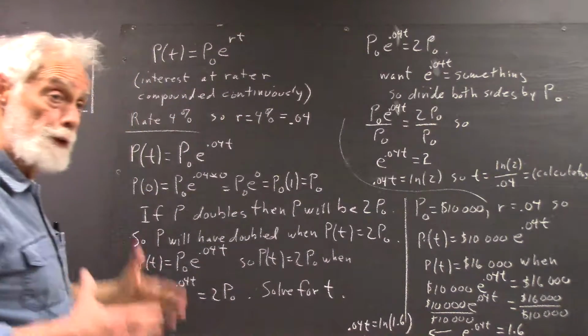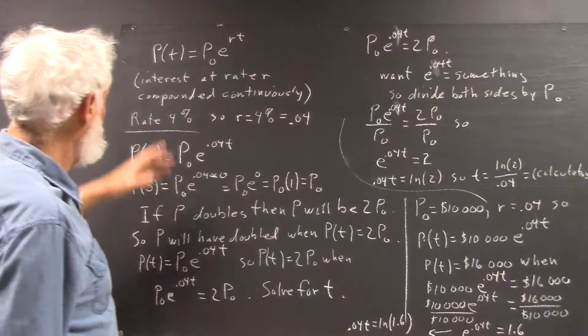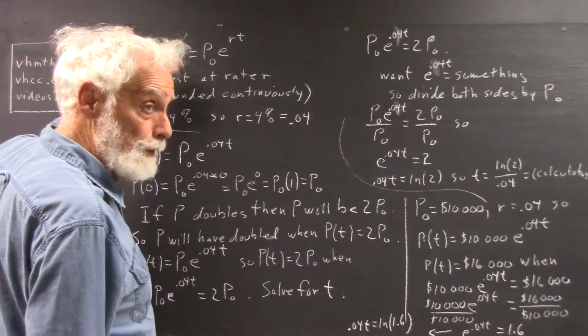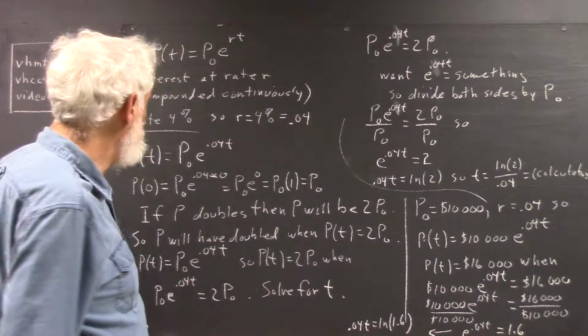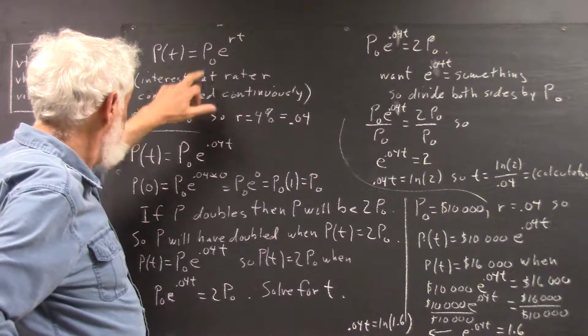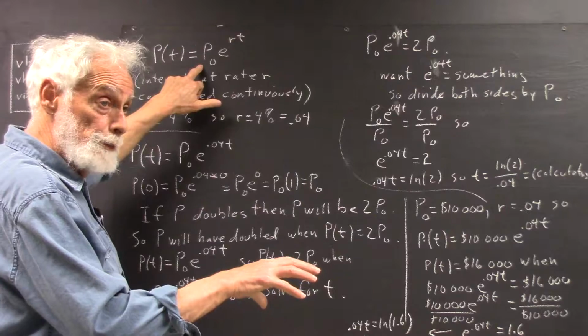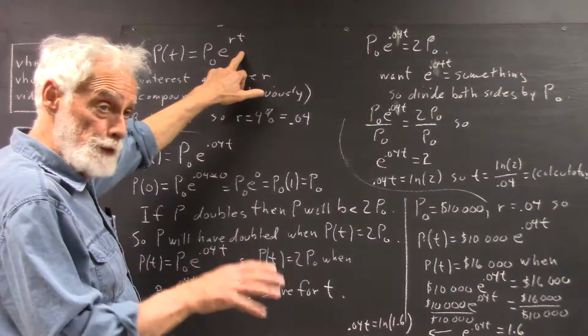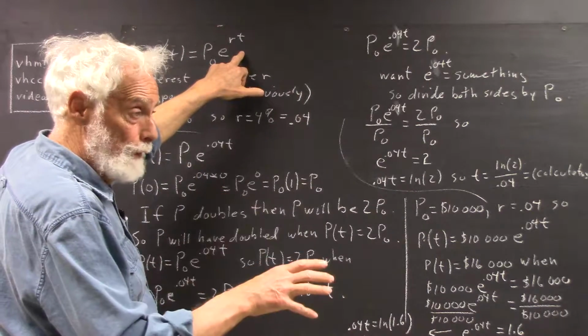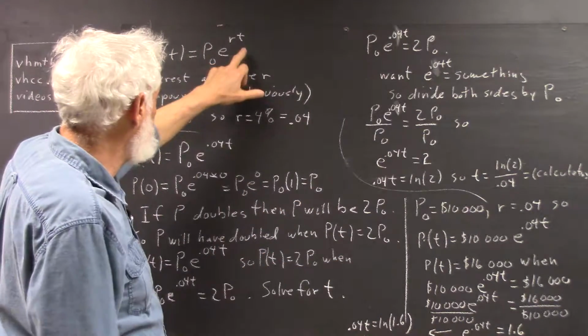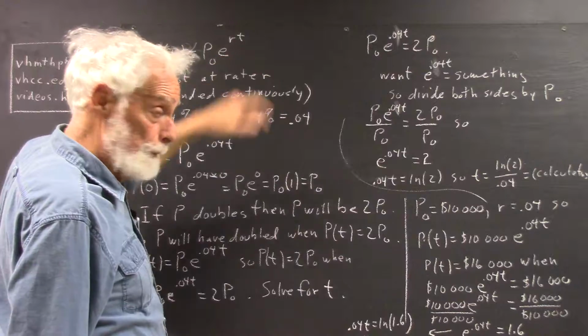So, two things you need to understand about this, other than the fact that this is how you calculate interest when it's compounded continuously, is that P naught is your initial investment. T starts at the instant of your initial investment, so T is 0 as you make that investment, and then time runs on. And R is your interest rate.